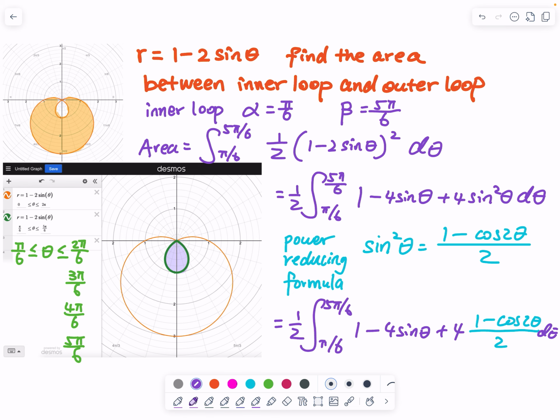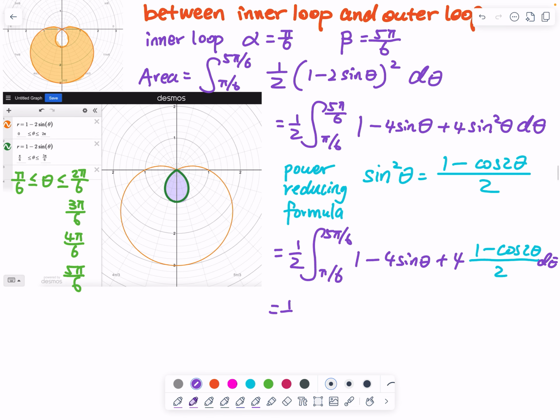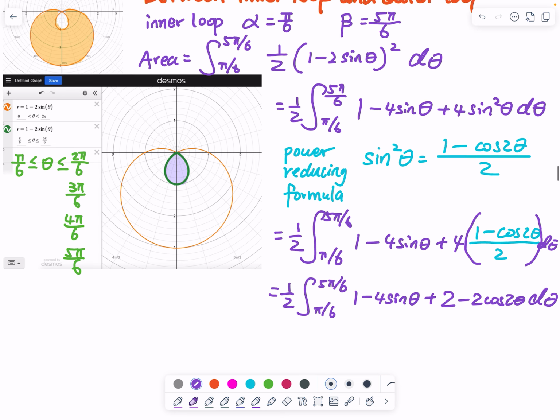The 4 and the 2 can be simplified, and then you have 1/2 integral from pi over 6 to 5 pi over 6, 1 minus 4 sine theta, and then this one you have a 2 in front, right? You distribute the 2, and then that will be 2 minus 2 cosine 2 theta d theta. And then 1 plus 2, you have a 3.